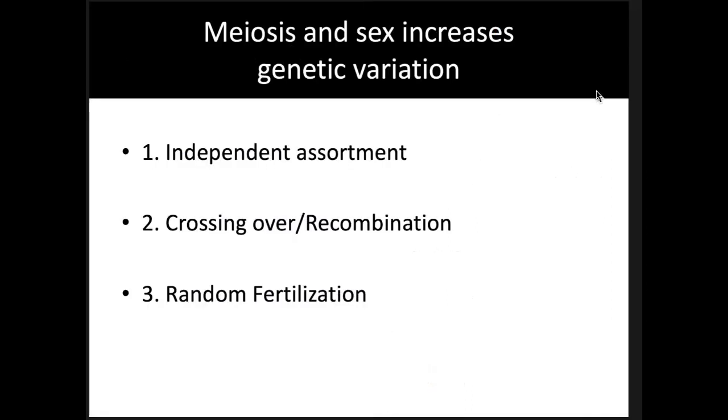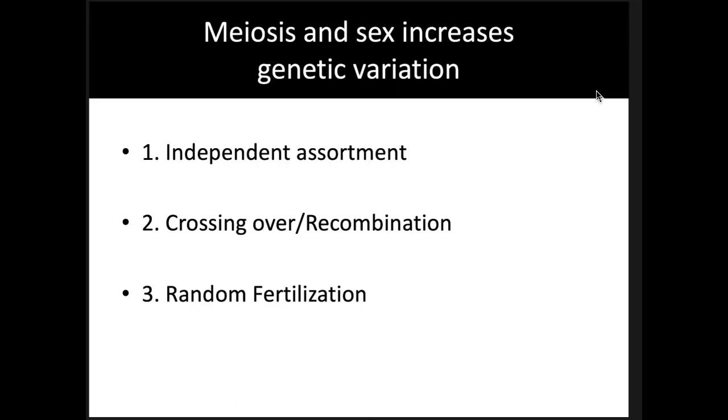Okay, so let's talk about the 3 things that we're going to discuss in terms of how meiosis increases genetic variation. Specific to meiosis, we're going to see independent assortment or segregation as one of the ways in which meiosis increases genetic variation, and then the process of recombination and what that does to make something new that never existed before.